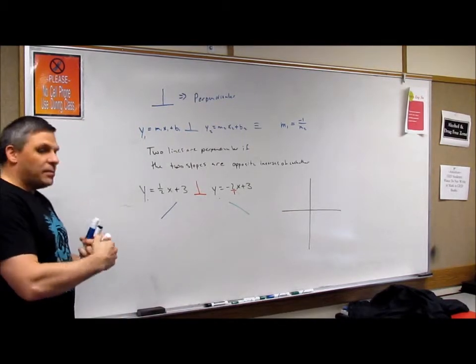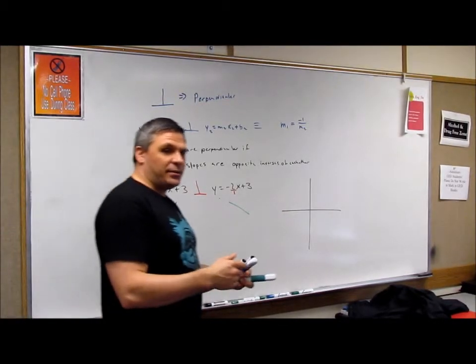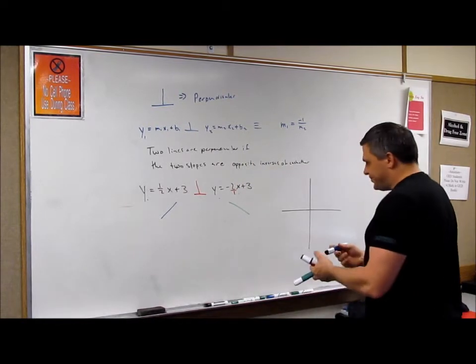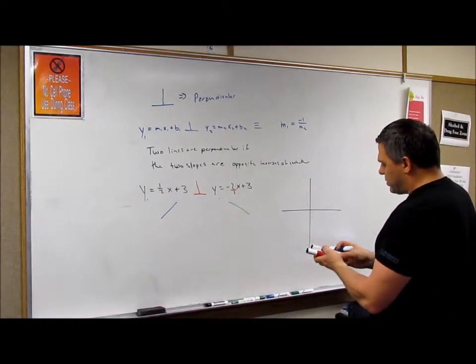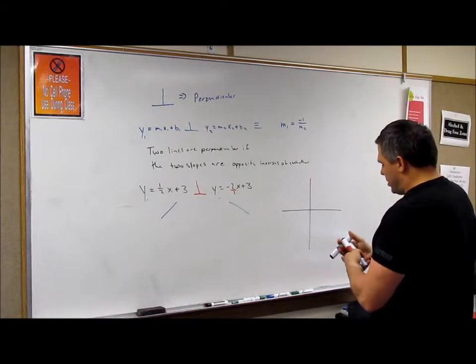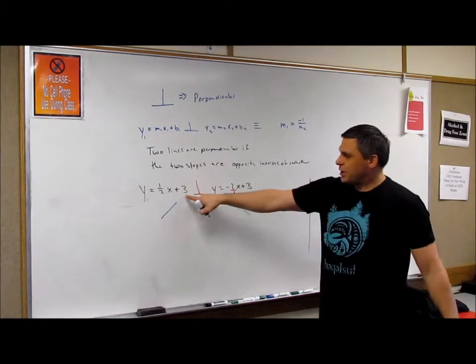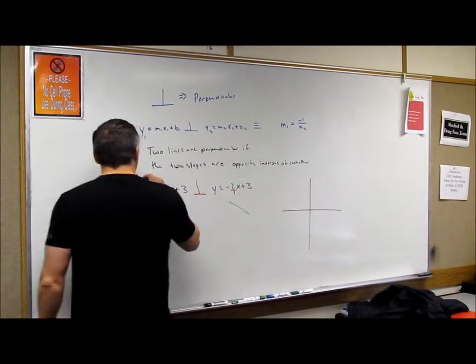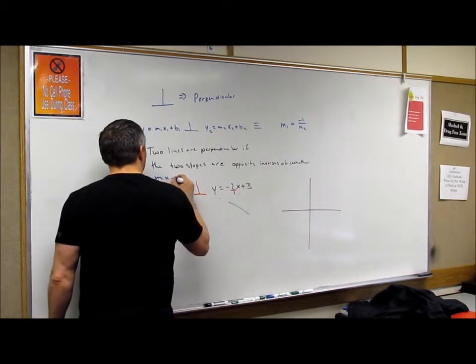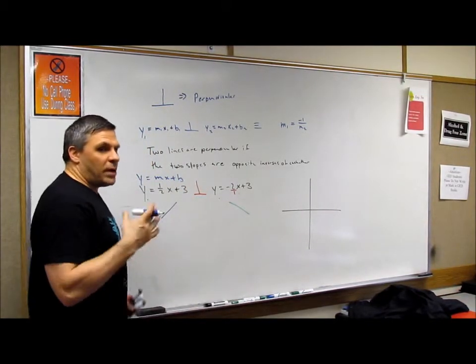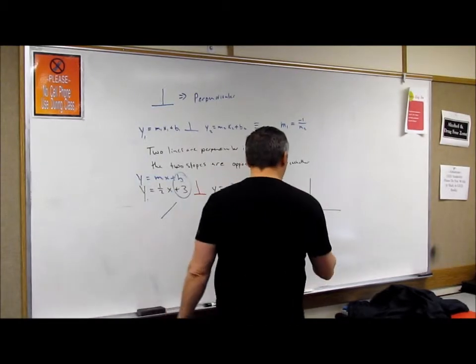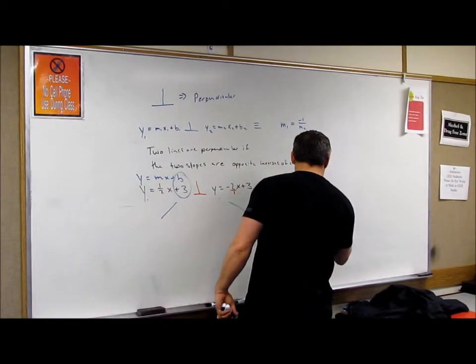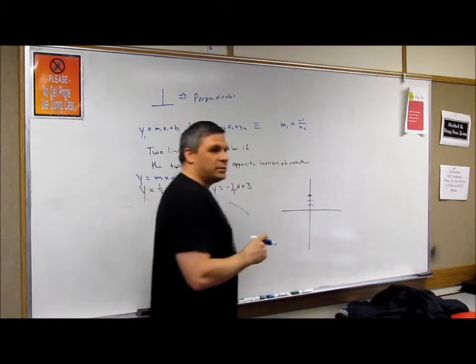Okay? Well, let's just see exactly how they go. We're going to start with y equals mx plus b. My b is 3. 1, 2, 3.